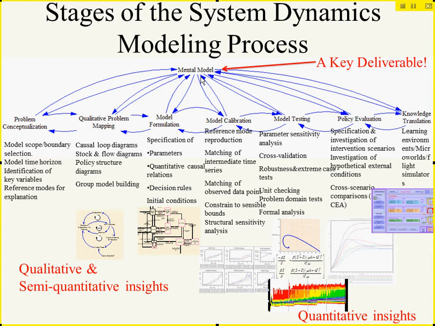Now, what you also see here, shown towards the bottom, are some artifacts that come out in system dynamics. We have certain components of each stage. Here we have what's called a causal loop diagram, which is a mostly qualitative way of drawing out a diagram, but which allows us to reason in a semi-quantitative way about how it would behave over time.